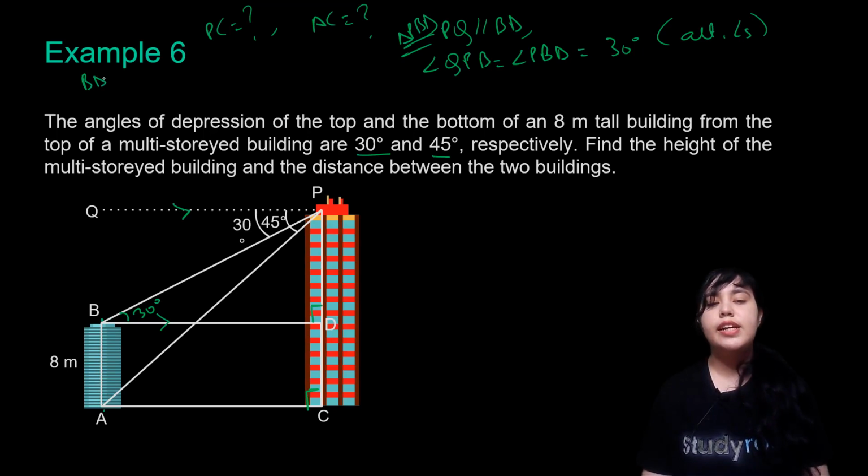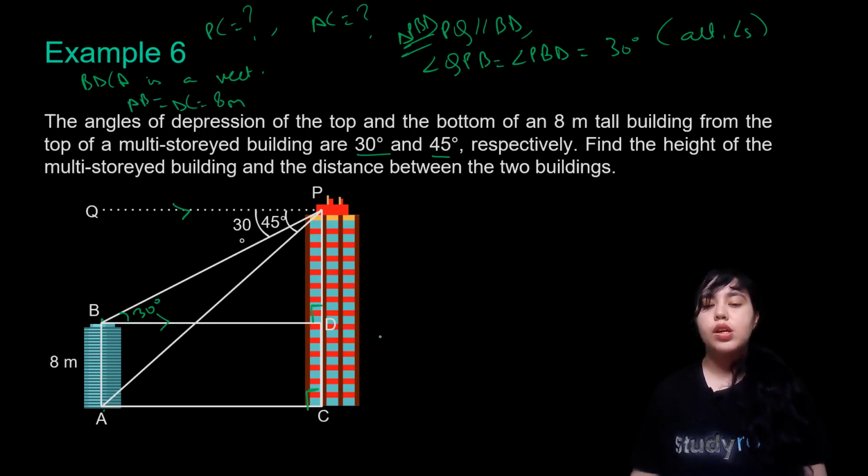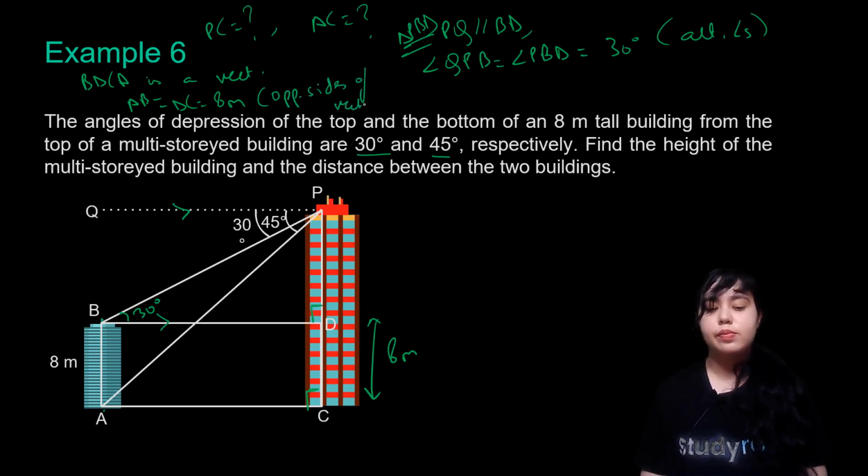Now consider this BDCA. What is BDCA? It is a rectangle. So if AB is 8 meters, your DC should also be 8 meters, because these are opposite sides of a rectangle. Now consider triangle PAC.